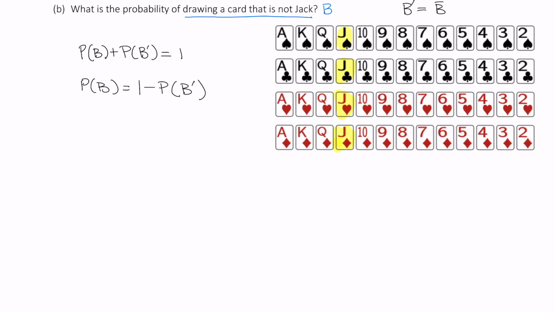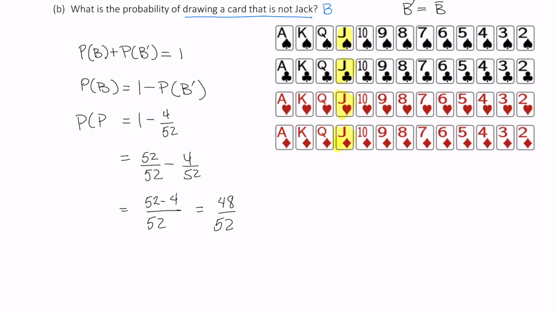So I know how to compute the probability of a jack coming out on our next draw. That's going to be 1, 2, 3, 4 out of 52. So this is 1 minus 4 over 52, which is 52 over 52 minus 4 over 52. This gives us 52 minus 4 over 52. And that's just 48 over 52.